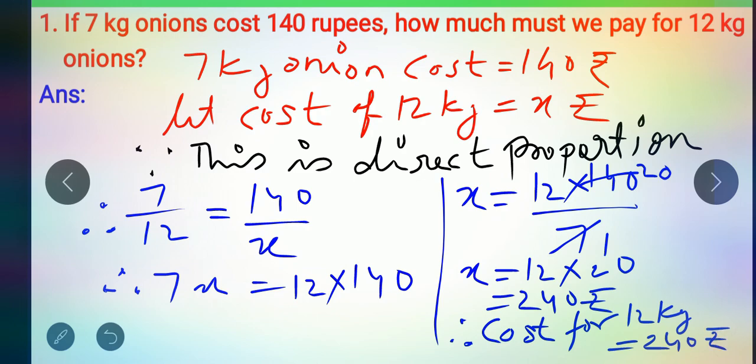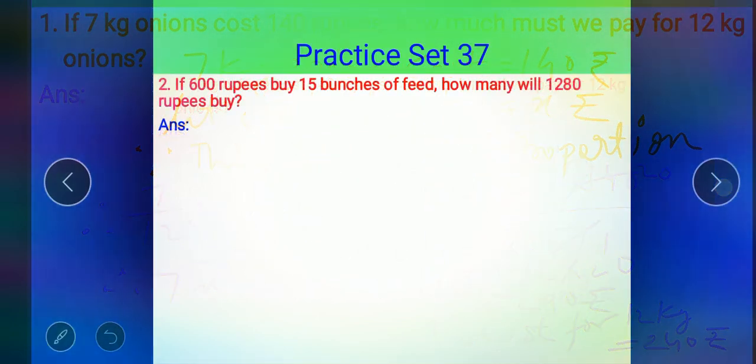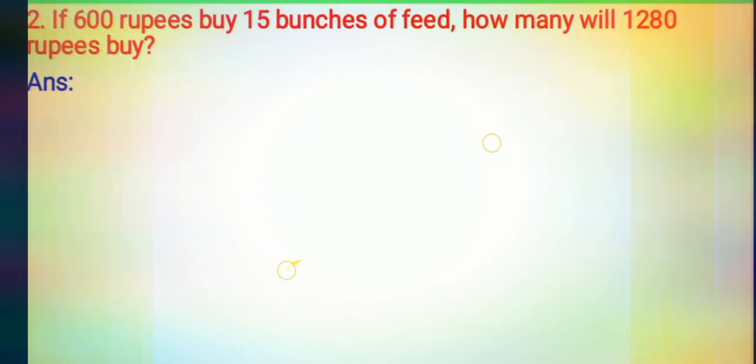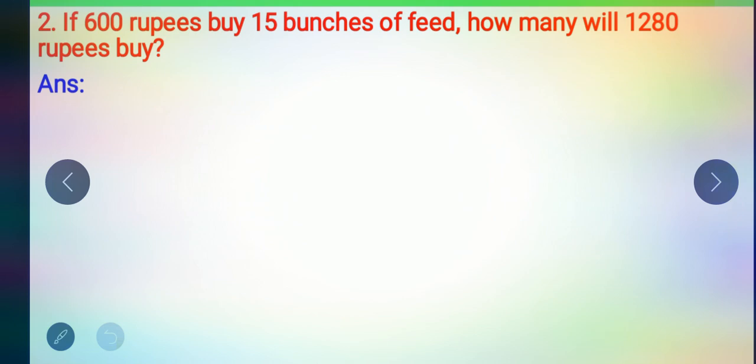In the same way, we can continue with the other questions of this exercise, students. Let's continue with the next question. In the second question, we have: if 600 rupees buy 15 bunches, how many will 1280 rupees buy? Students, here we have two things, number of bunches and amount in rupees.